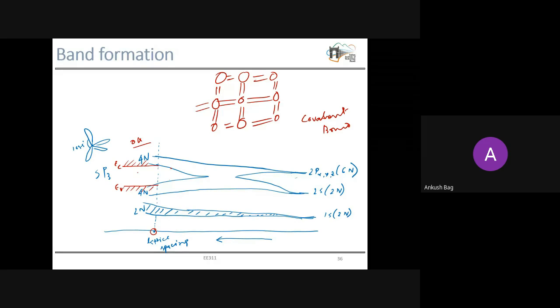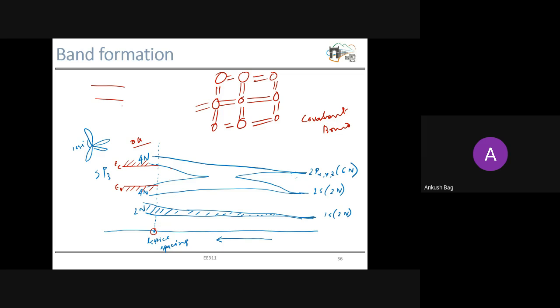Okay, now just to complete this discussion, essentially we apply an electric field, because when we build our devices, we will apply an electric field. When we apply the electric field, the conduction band and the valence band will get tilted.